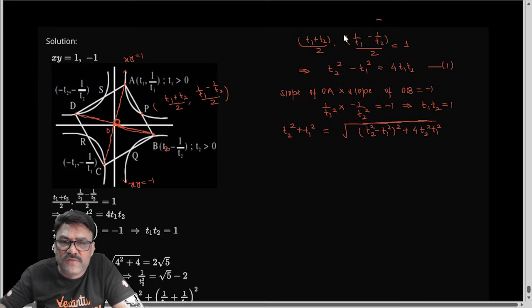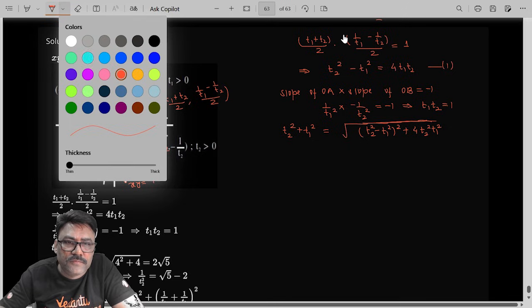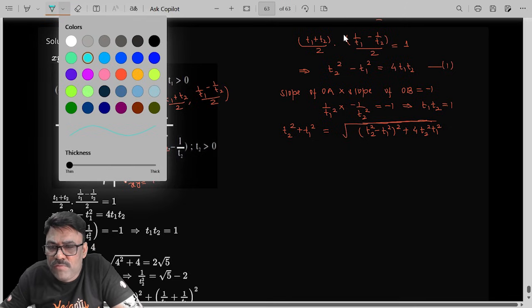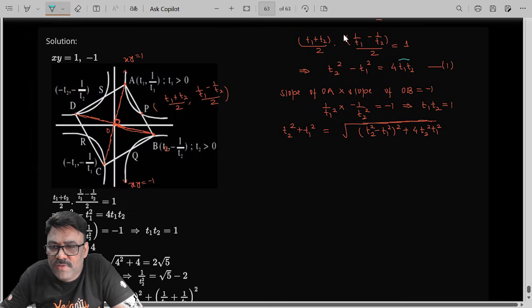Now T2 square minus T1 square: since T1 T2 is 1, T2 square minus T1 square is 4 only. So this will become under root of 4 square, 16, plus 4 times T1 T2 square, which is 1. So it is 2 root 5.